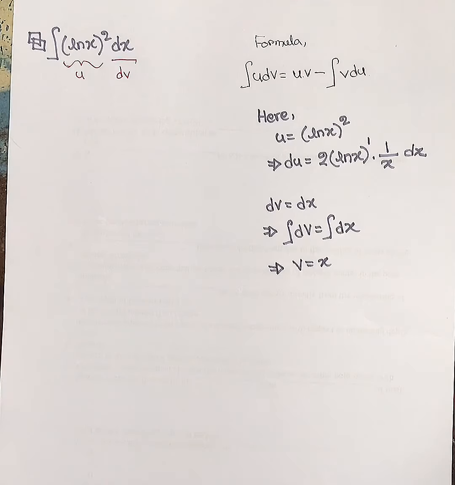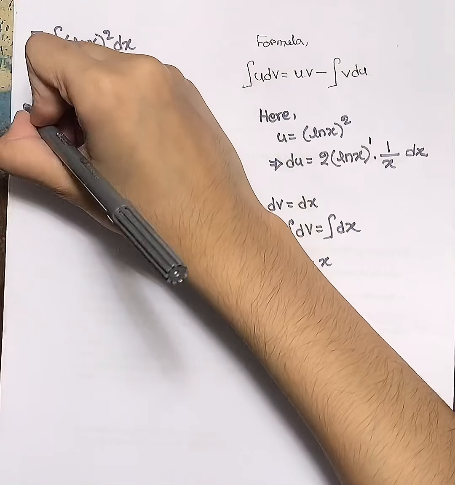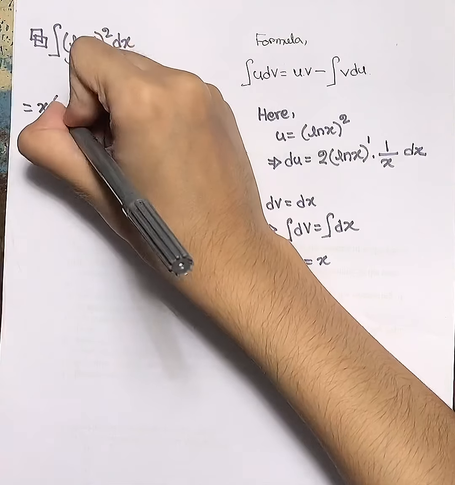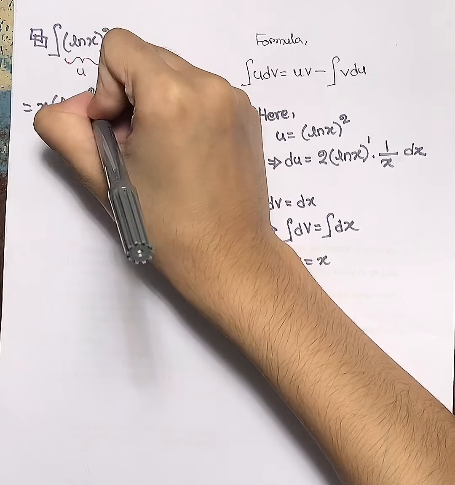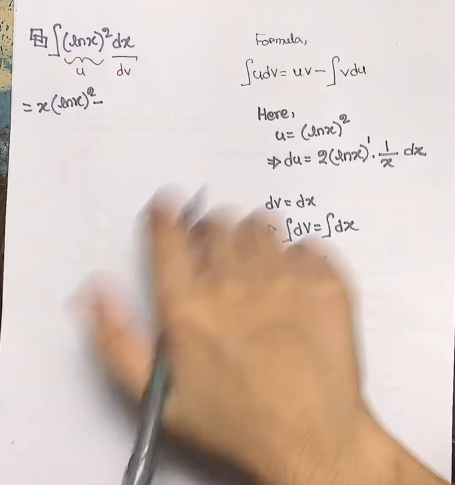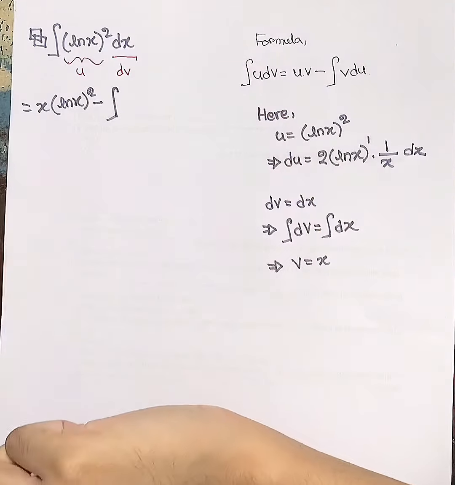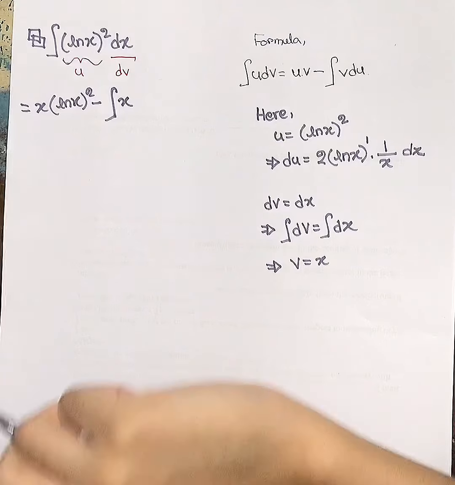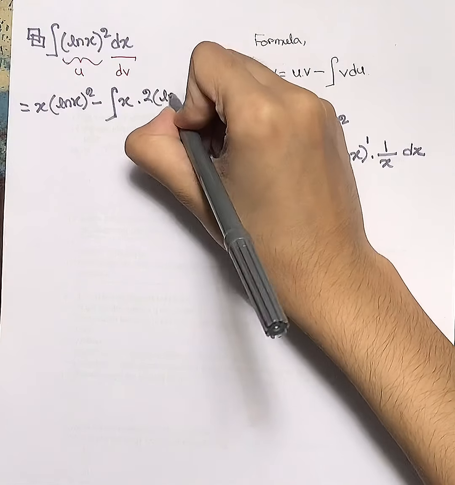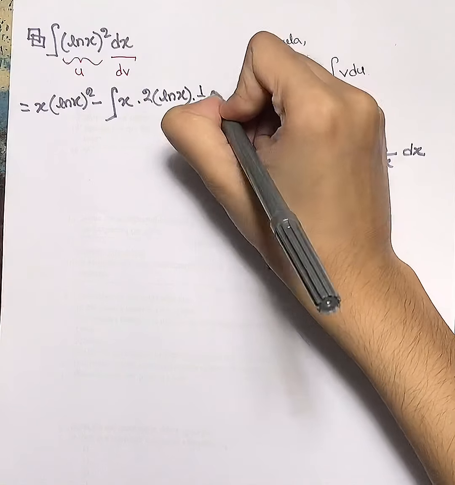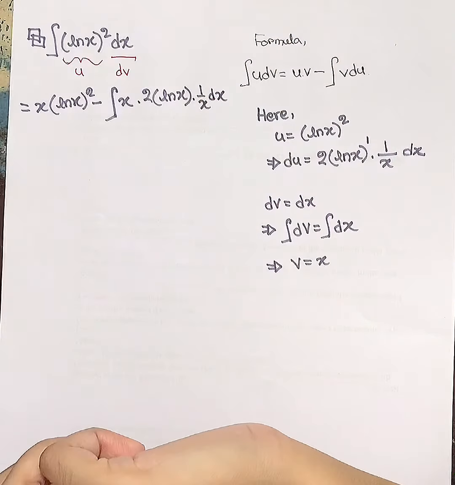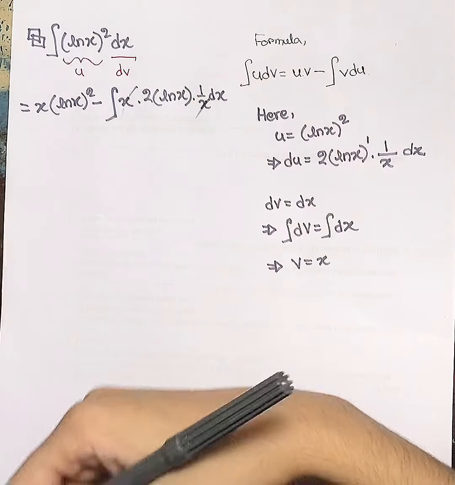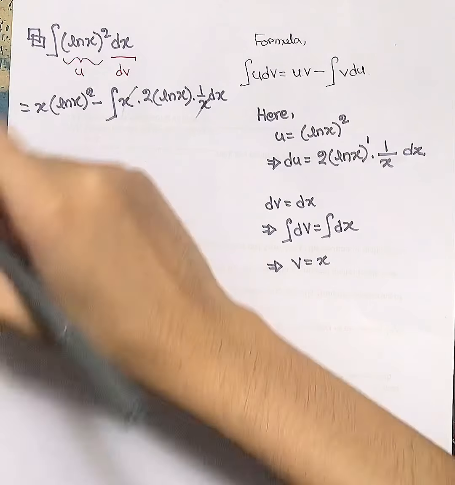Now I'm going to put everything according to that formula. I will multiply u into v, that is x into (ln x) whole square, then a negative sign according to the formula, and then integration of v du. The value of v is x and the value of du is 2 ln x into 1 by x dx. Now this x and this x will cancel out, and I will have 2 ln x dx.